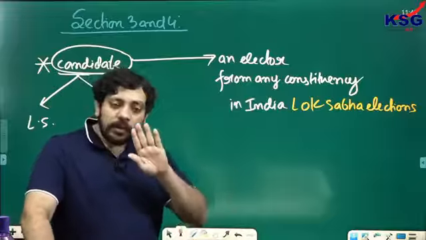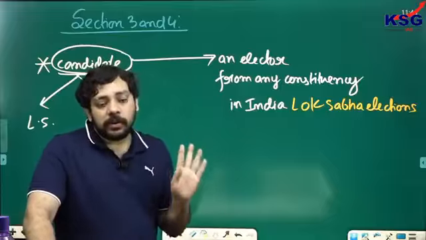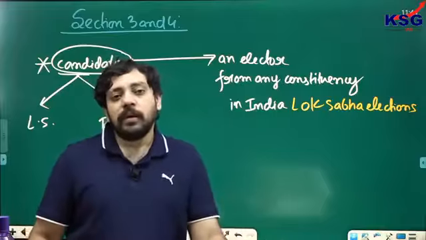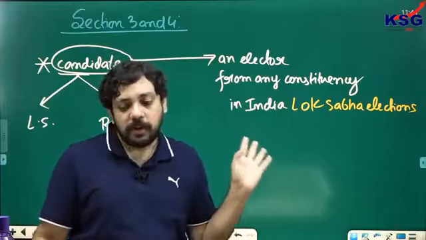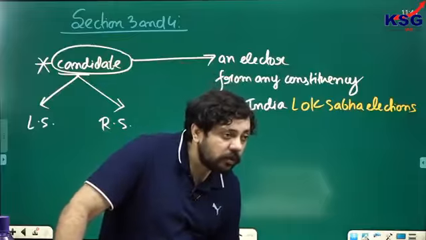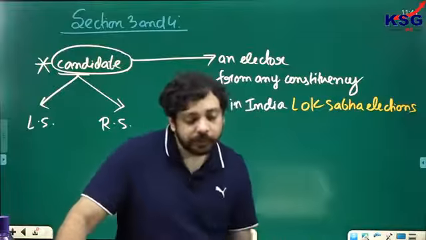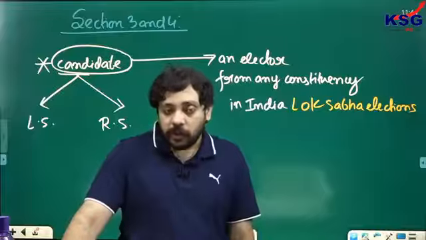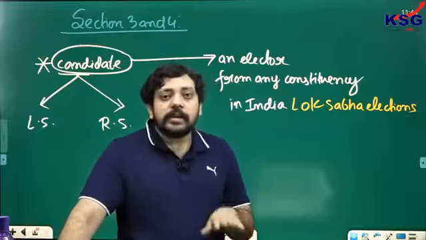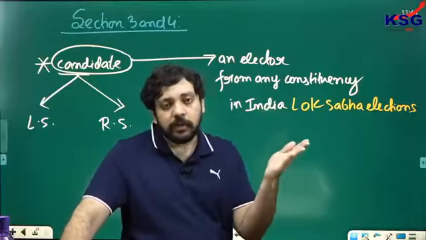So if you are, let's say for example, contesting elections from Ghaziabad, which is in Uttar Pradesh, but if your voter I card is from Cochin, which is in Kerala, you can contest for elections as an MP from Ghaziabad. Or if you are contesting as a member of parliament from the Rajya Sabha, let's say from the state of Maharashtra, but if your voter I card for the Lok Sabha election is from Banswara in Rajasthan, you can still contest elections as a member of Rajya Sabha from the State Assembly of Maharashtra.